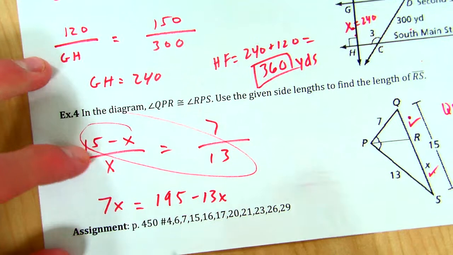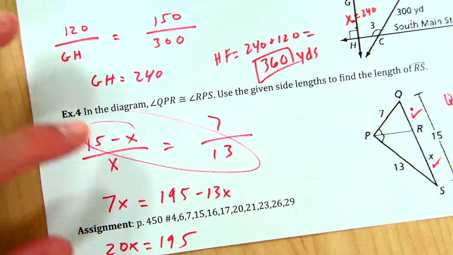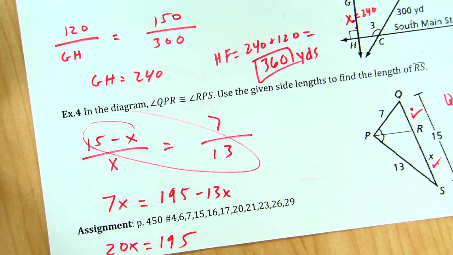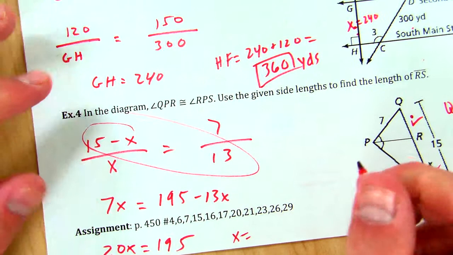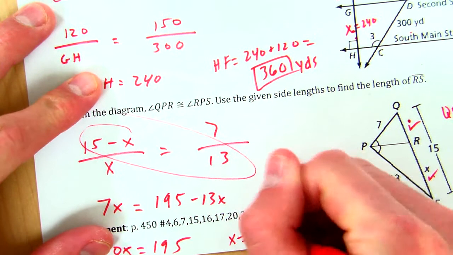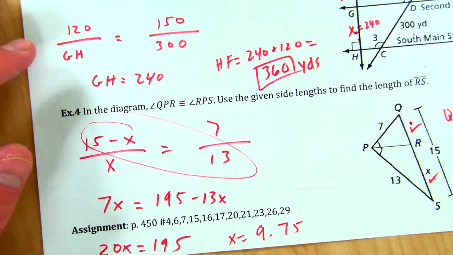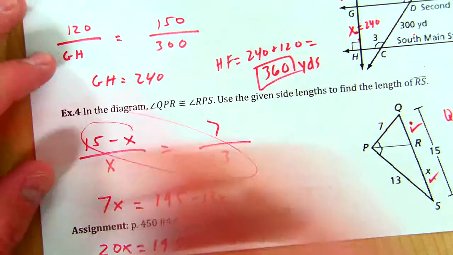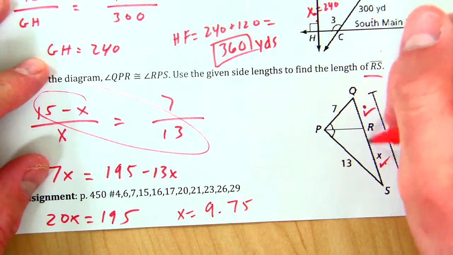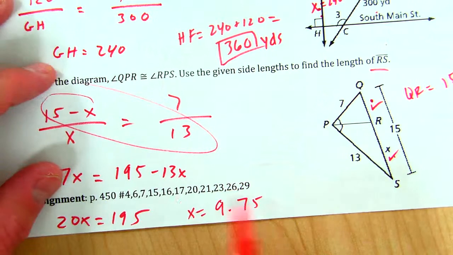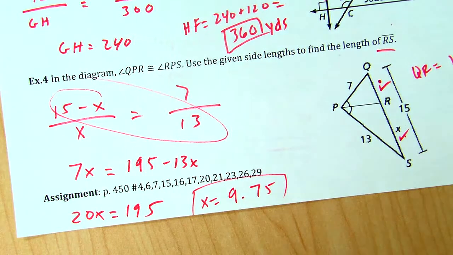Now I can add 13x to each side and get 20x equal to 195. And then when you divide each side by 20, you get that x is equal to 9.75. So since we actually are now looking for the length of RS, this x value gives us the length of RS, which is 9.75. So in this case, we are finished.